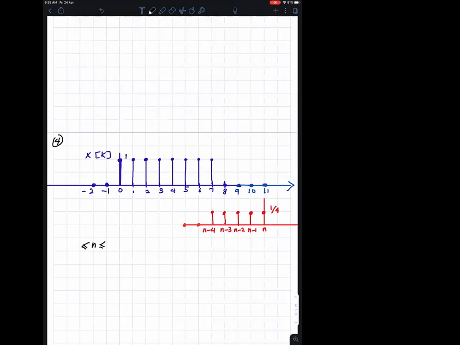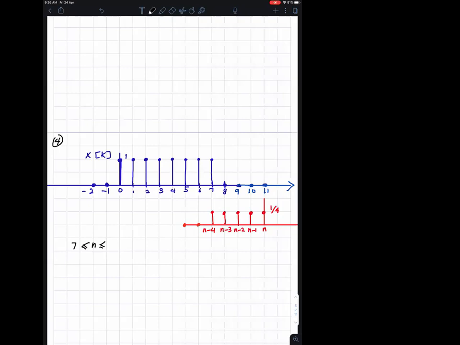No matter what the value of n is, it must be at least 7, okay? Because beyond that is 0. So the lower limit must be 7. The upper limit, where n is aligning with 11, so n must be 11.